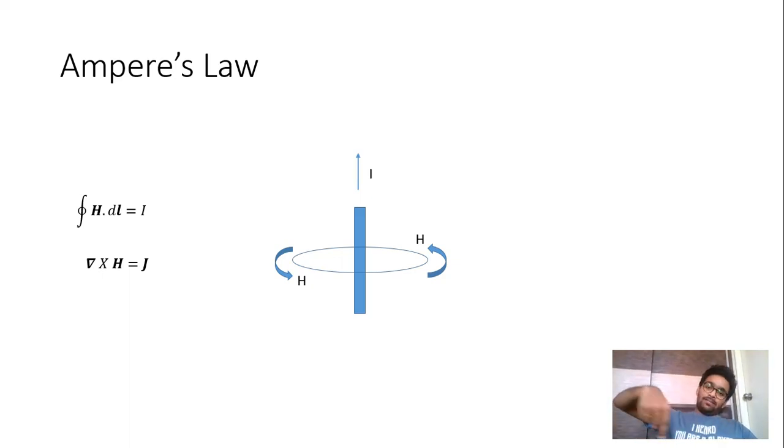So the line integral of this magnetic field intensity, as I said before, if you assume a surface bounded by a line, and there is a conductor piercing through this surface, and you integrate all the current passing through this surface, you simply get the magnetic field intensity rotating around this curve. So in point form, I can say del cross H equal to J.